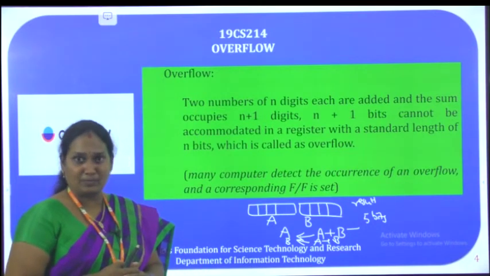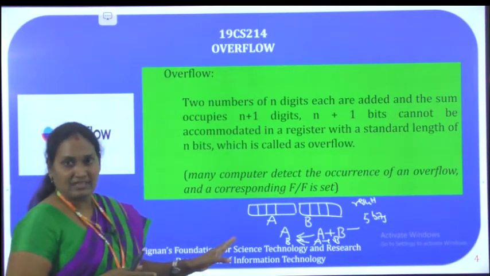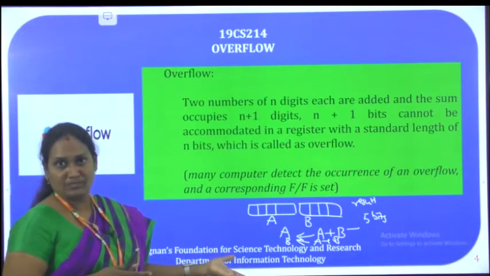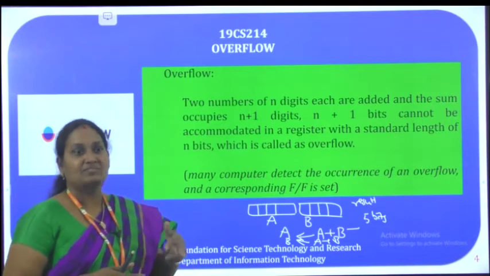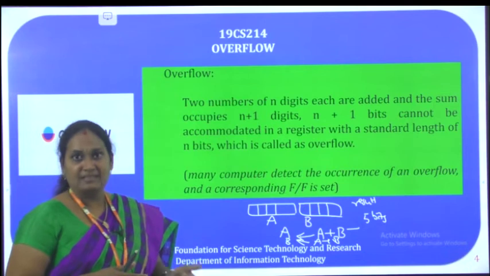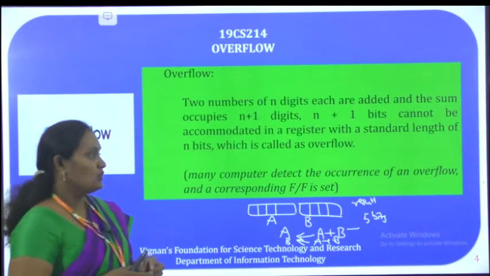No, it is not possible. We cannot accommodate 5 bits in a 4-bit register. This is called overflow. So if you add two n-bit numbers and the result is n plus 1 bits, we cannot accommodate these n plus 1 bits in an n-bit register, which is called overflow.